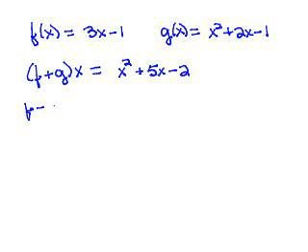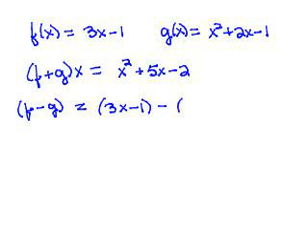If, however, we wanted to subtract, we are taking the first function, so I'll put it in parentheses: 3x minus 1, minus the g of x, so we're subtracting that whole function. And then, of course, we would want you to simplify it.